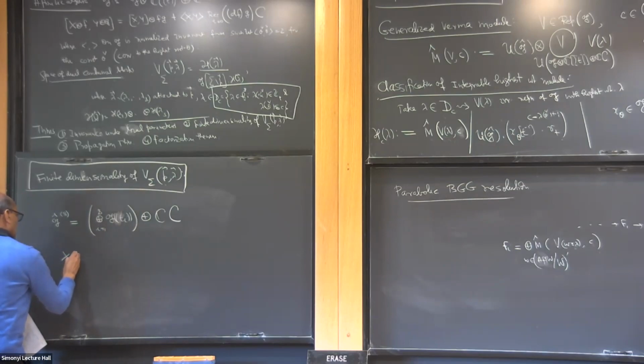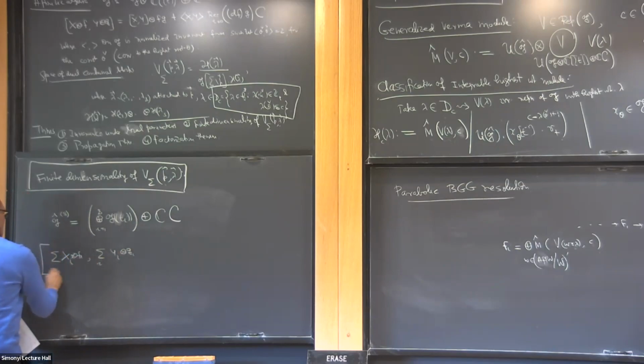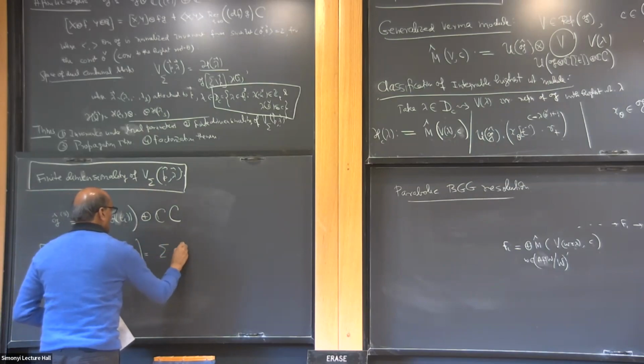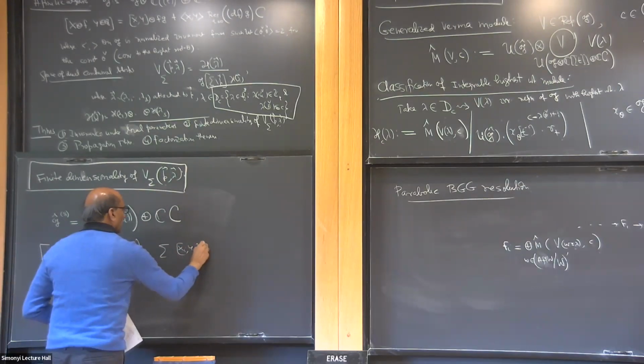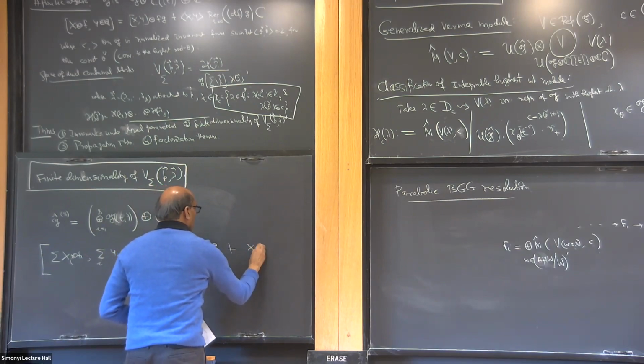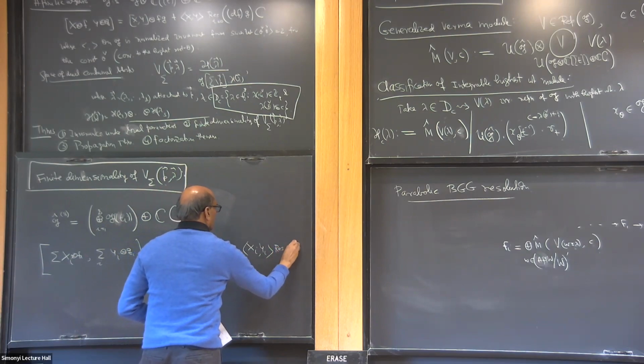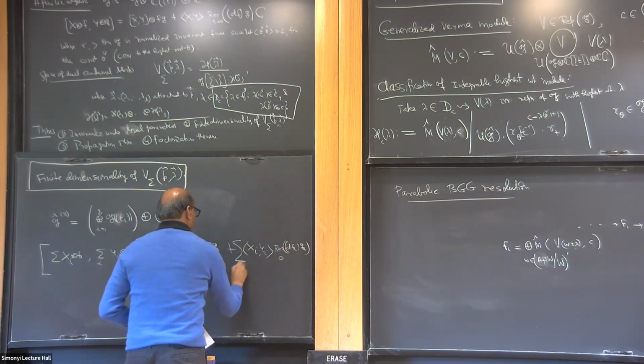I take Xi Fi direct sum, and then Yi Gi. So this will be Xi, Yi, Fi, Gi. The central charge is basically the same as in the definition of affine, except that I just add them: residue of dFi times Gi at 0.